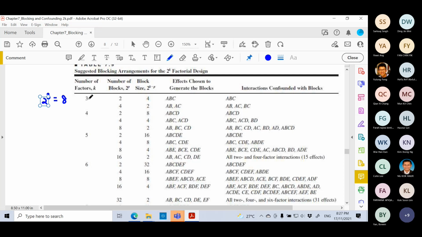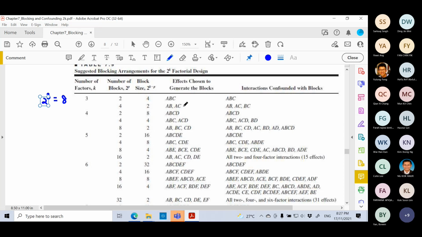You have 3 factors, so 2 power of 3 is 8 also. Instead of running 4 treatments in each block, you can also run 4 blocks. For each block, the size of the block is 2. So if you divide it into 4 blocks, the size is 2. The effects you can choose for confounding should be AB and AC.